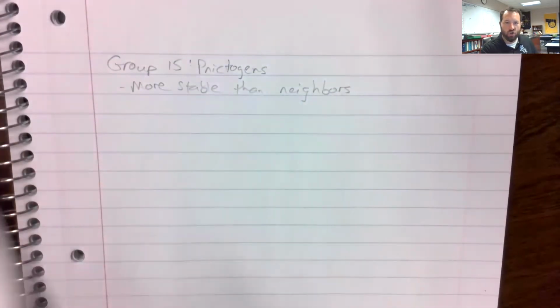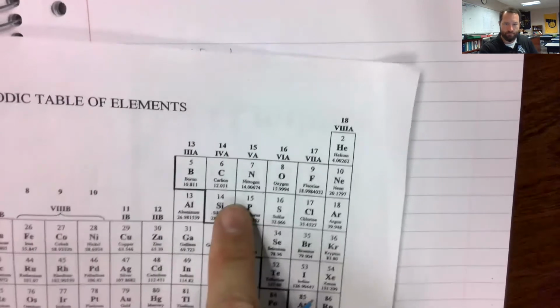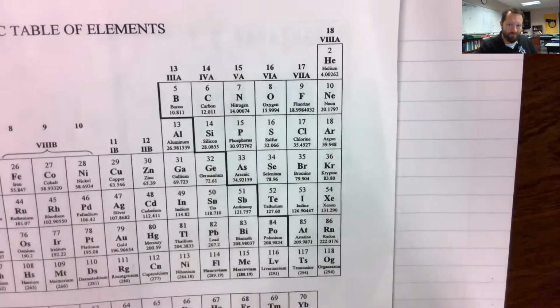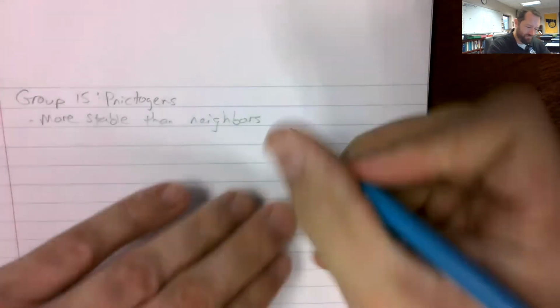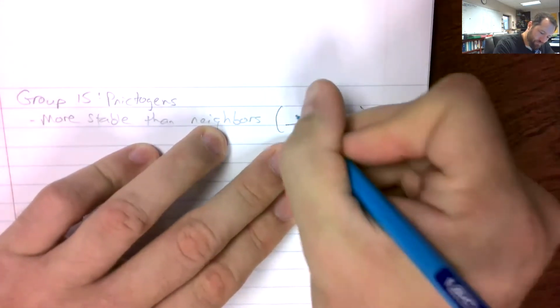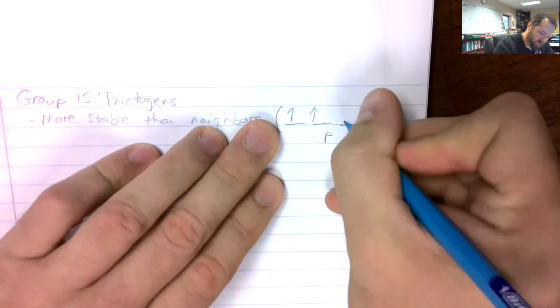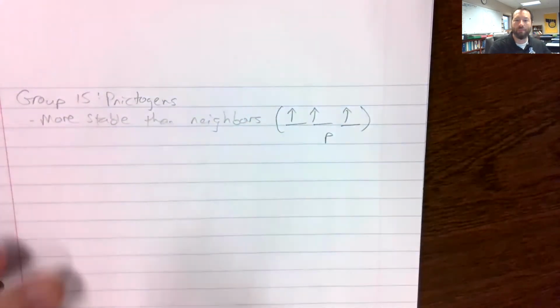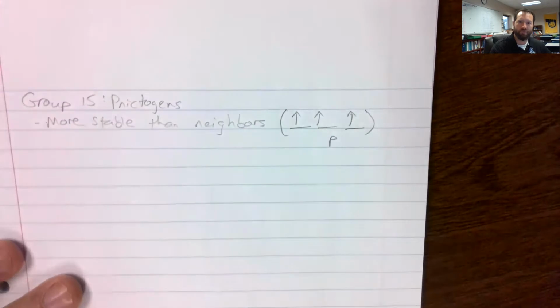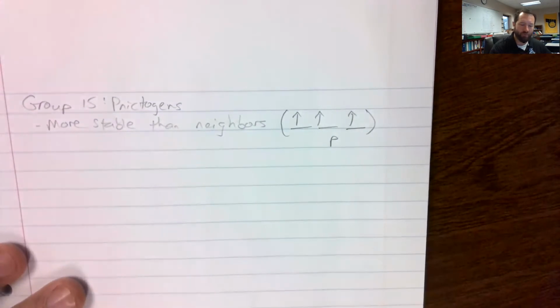Generally, the pnictogens are more stable than their neighbors. Any guesses why? The pnictogens have a half full sublevel, an up arrow on each orbital. That's a half full sublevel.